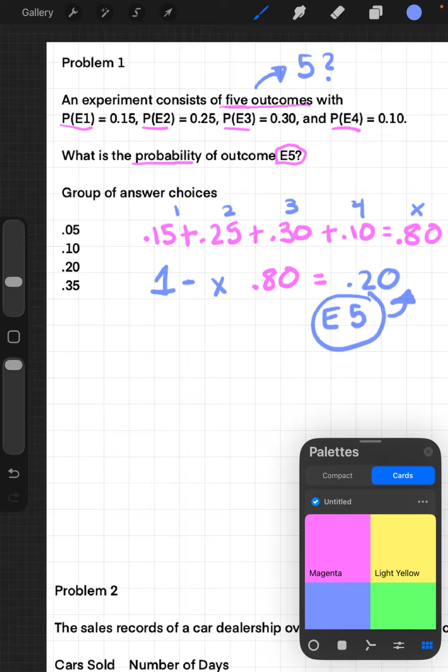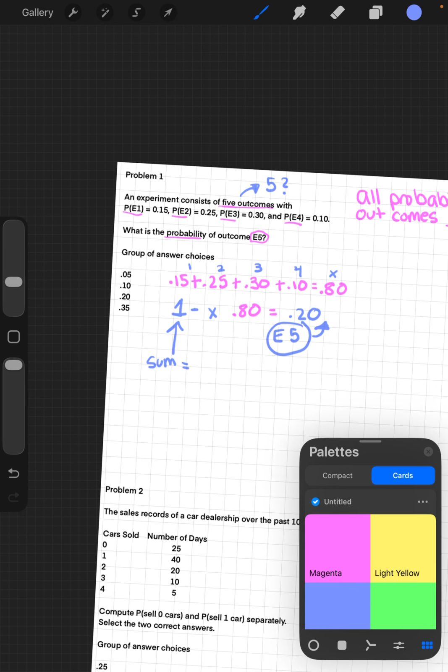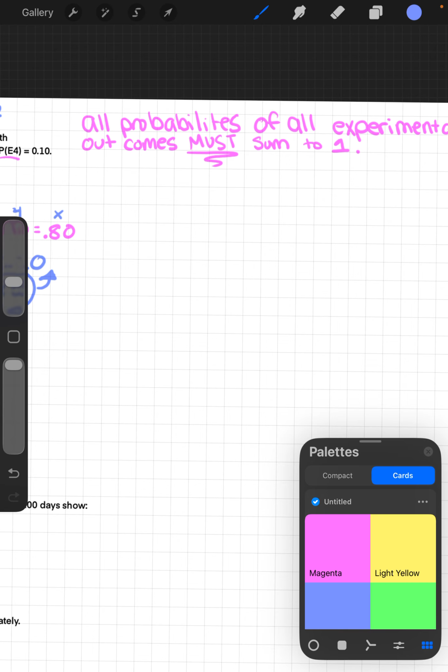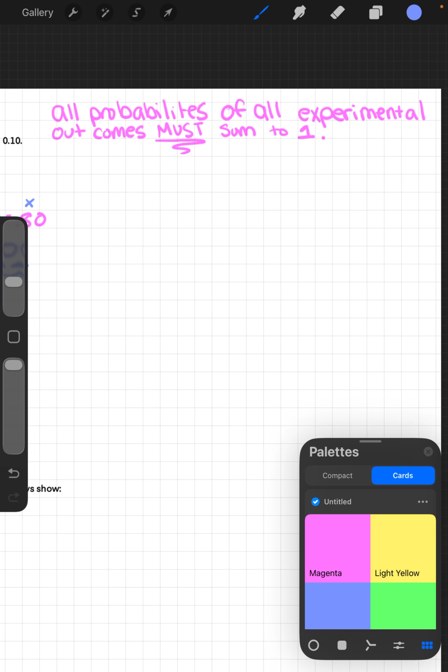And the reason is, even if we only got 4, the 5th one is implied because all the sums have to be equal to 1. It's a rule that even if they don't tell you, it always has to add up to 1.